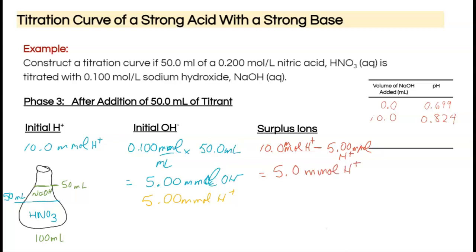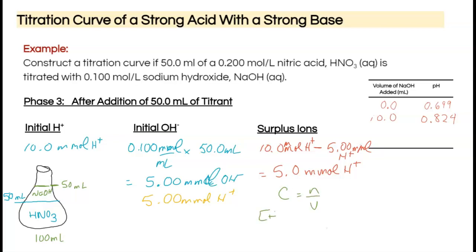So the solution is definitely still acidic because there's a surplus of hydrogen ions, right? And I need to remember that I'm not going to use that for my pH. I need to figure out the new concentration, right? So my concentration is going to be equal to my number of moles divided by my volume.